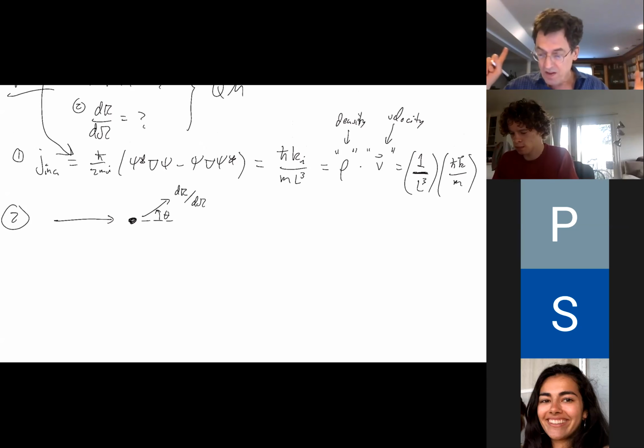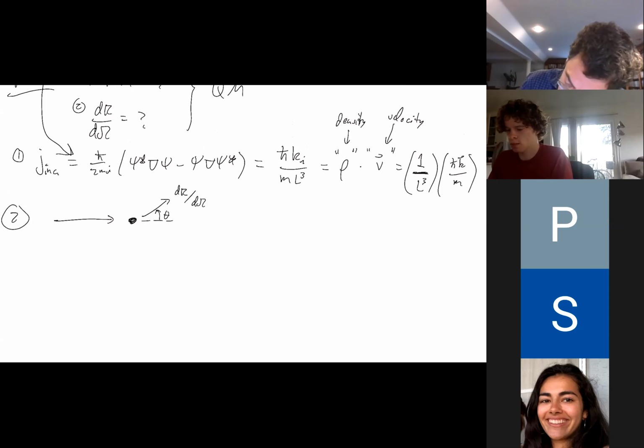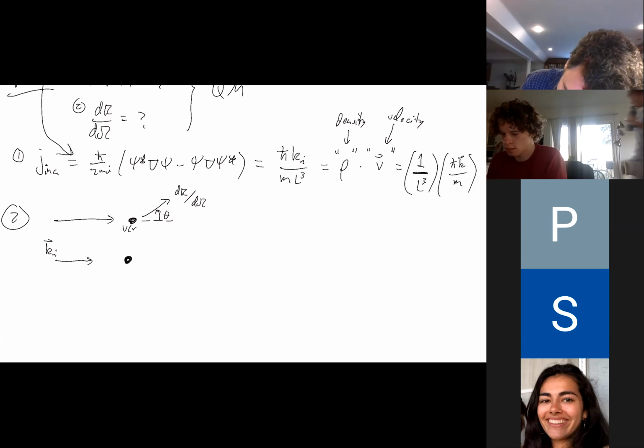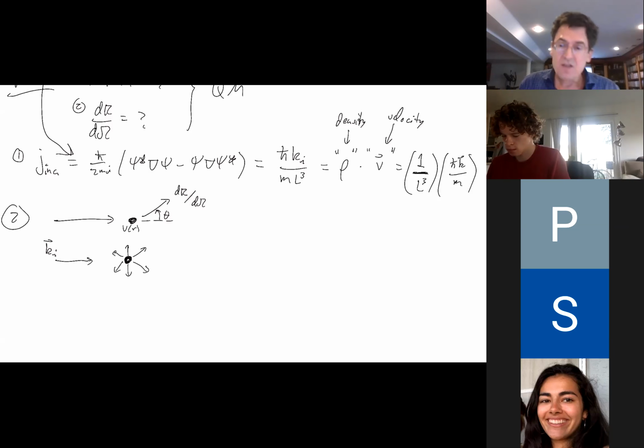All right, so this is the way to think about it. I have the particle coming in like this with some incident momentum, and it hits this potential, that's the V of r. Now the particle can go in any direction. So these are the final states.